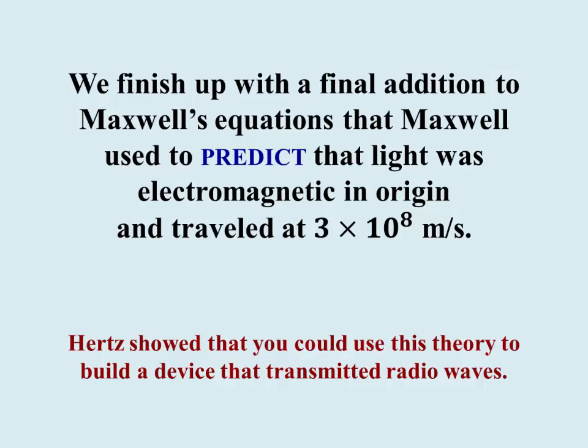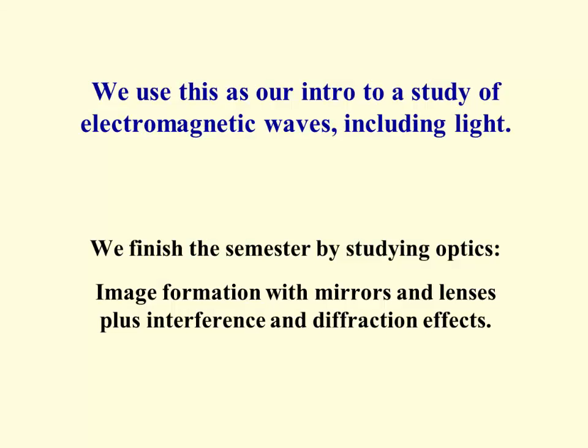After we've done that, we finish up with a final addition to Maxwell's equations that Maxwell used to predict that light was electromagnetic, that it traveled at a particular speed, a rather dramatic prediction that was confirmed by Heinrich Hertz about 20 years later, showing that you could use that theory to build a device that transmits radio waves. So not only can you study light and optics, you can also study radio waves based on Maxwell's equations.